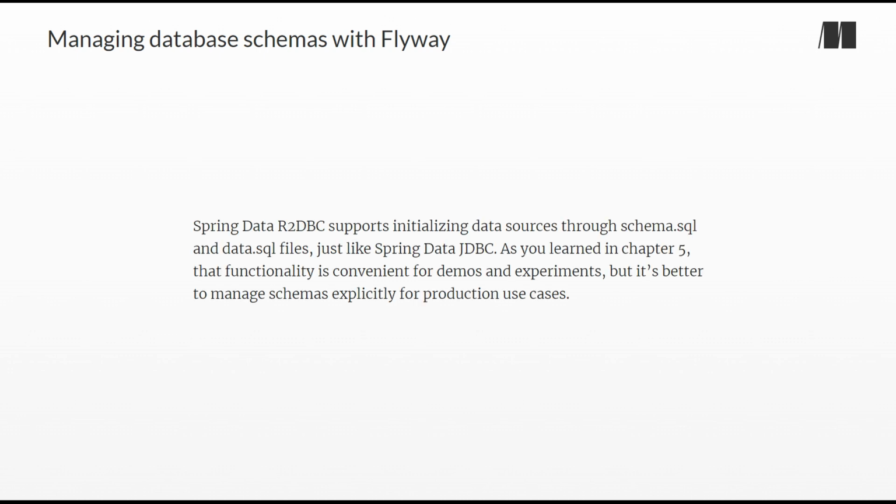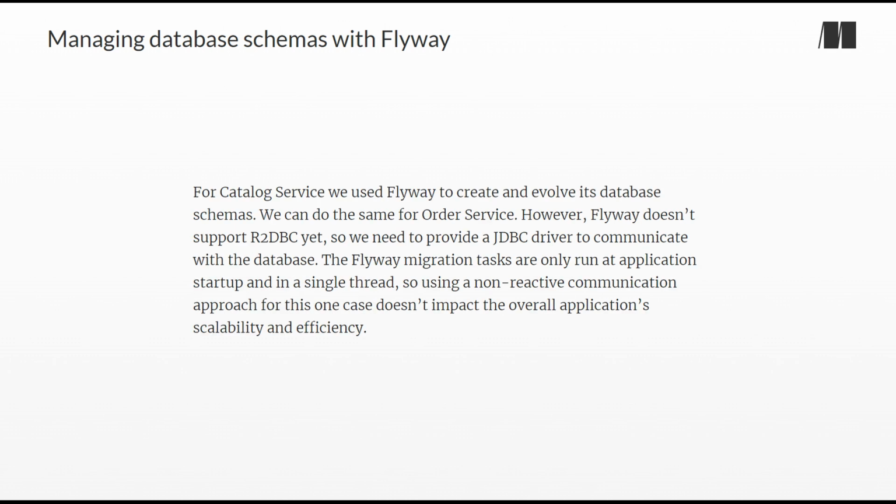Spring Data R2DBC supports initializing data sources through schema.sql and data.sql files, just like Spring Data JDBC. As you learned in Chapter 5, that functionality is convenient for demos and experiments, but it's better to manage schemas explicitly for production use cases. For Catalog Service, we used Flyway to create and evolve its database schemas.